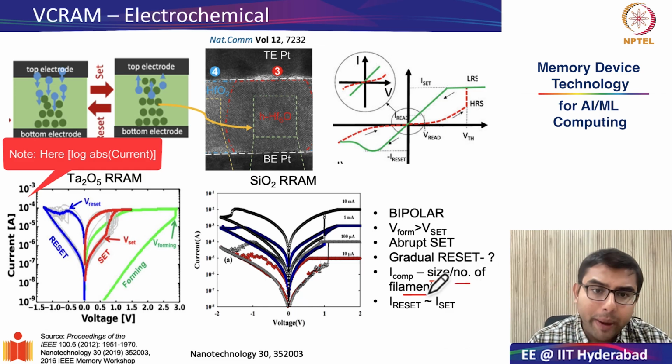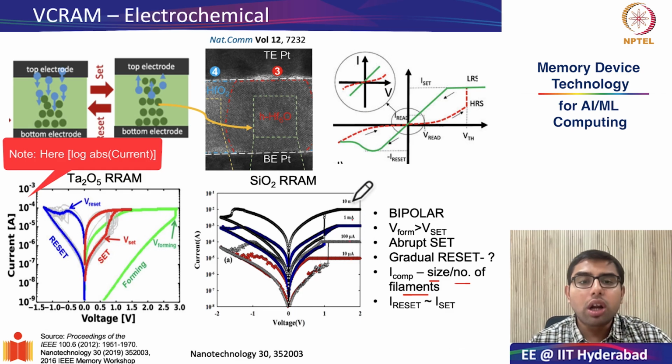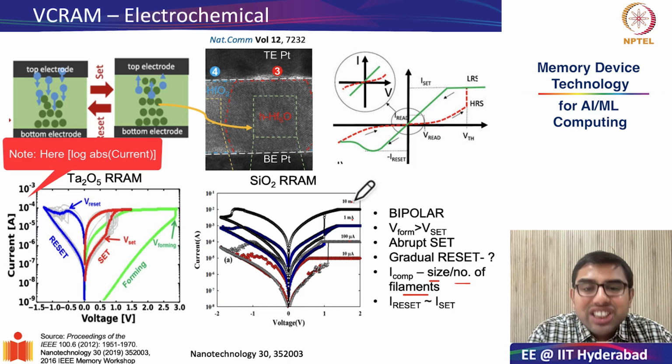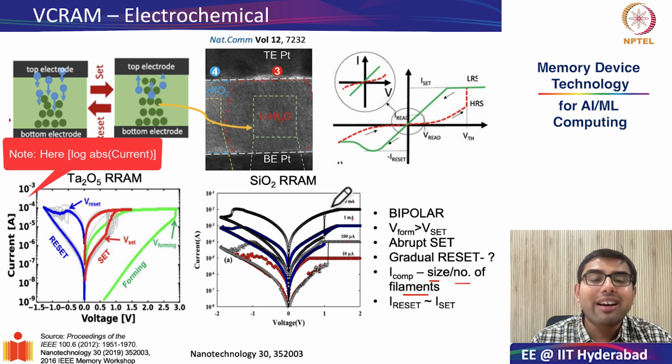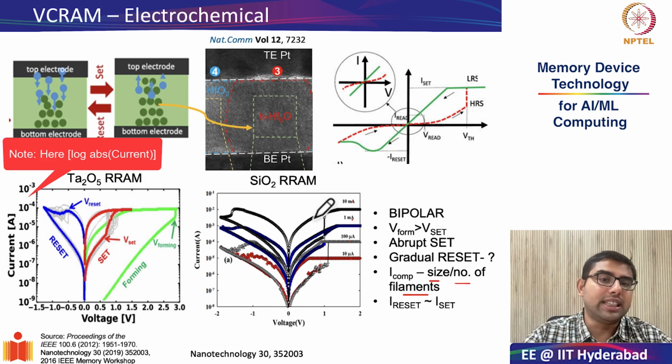As you can anticipate, the higher the compliance current, say you change it by an order of magnitude from 10 microamps to almost 10 milliamps, the larger will be the number or size of the filaments, and therefore lower will be the resistance of the collective filaments, and therefore larger will be the current of the device. Okay, this is about compliance current.